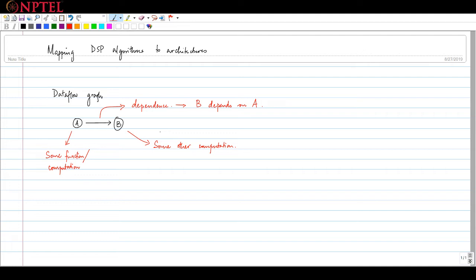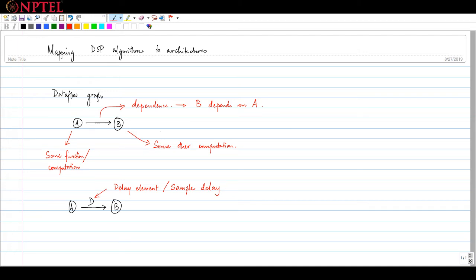So now, how do we take this further? Supposing I have a data flow graph, or rather one edge in a data flow graph, which is indicated by something like this, right, where I have basically said that I have a computation A, a computation B, and there is this D which is a kind of a delay element, right, which I can think of as one sample delay, right?